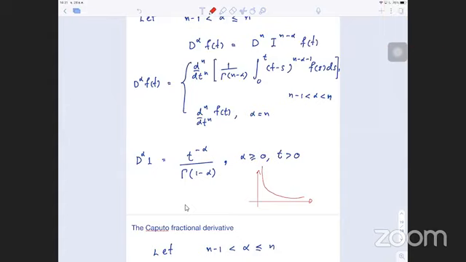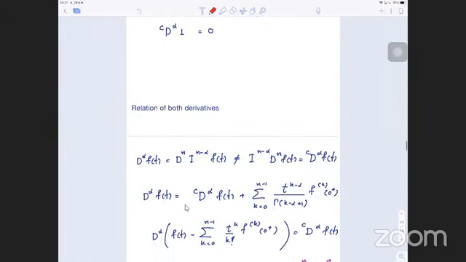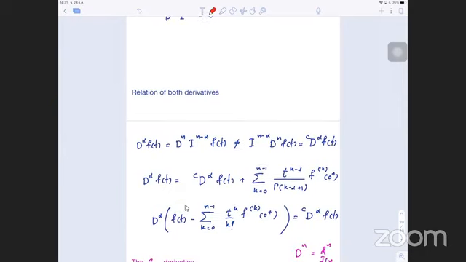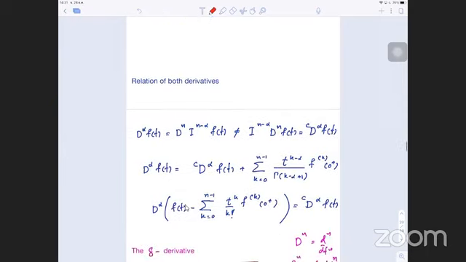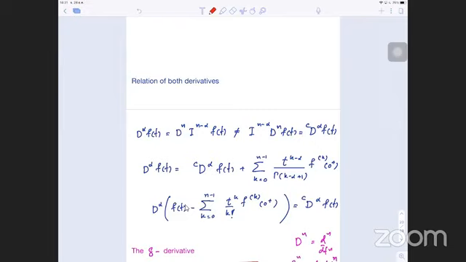The non-local one, or do you mean, for example in the second line, you have the Riemann fractional derivative of f equals the Caputo fractional derivative of f plus this finite series. Yes. Is this related to some kind of power series expansion of a function? Just wondering.